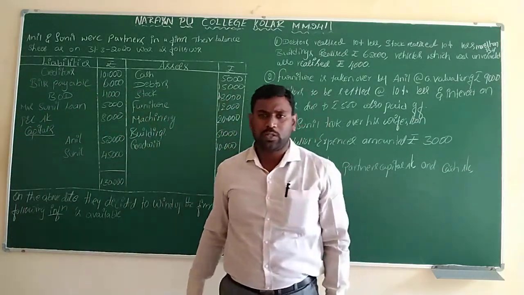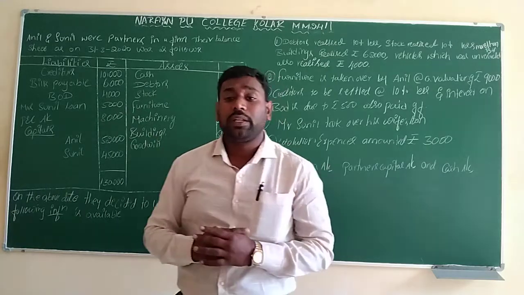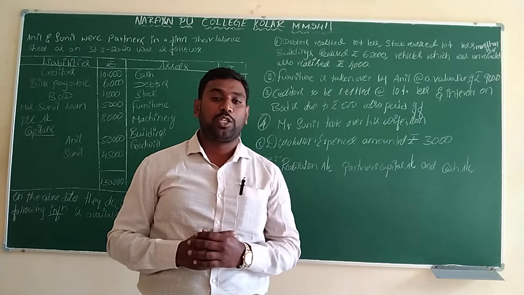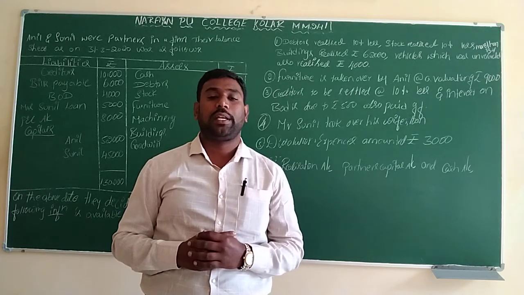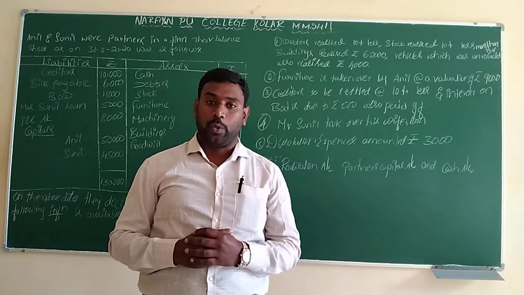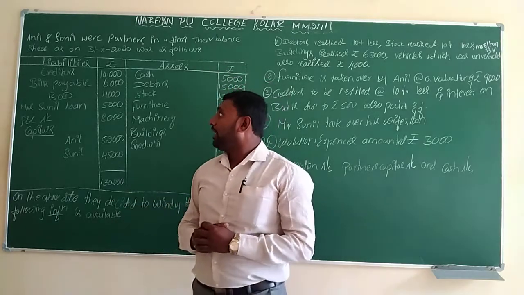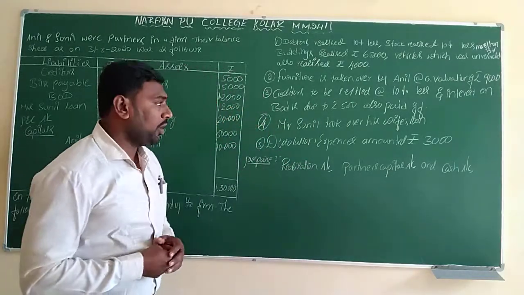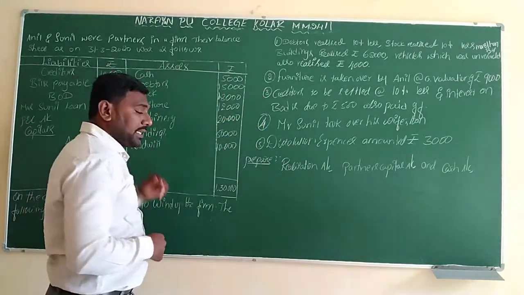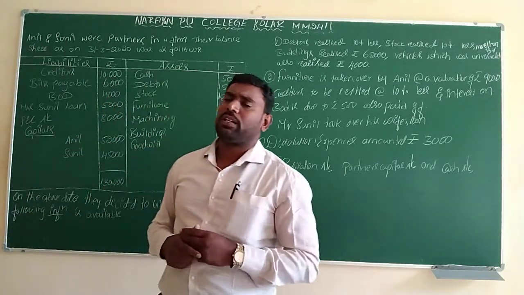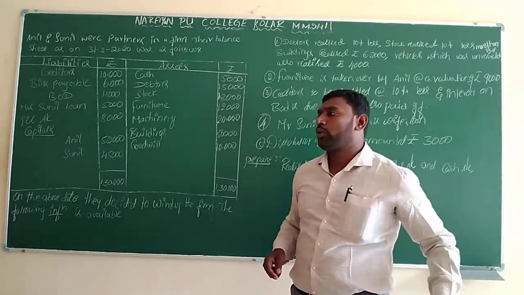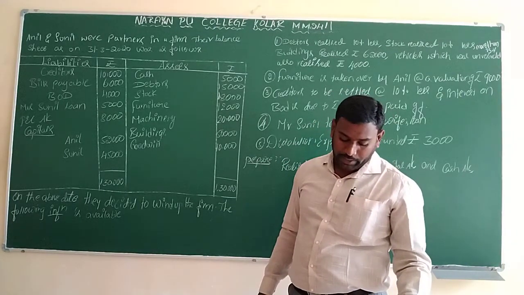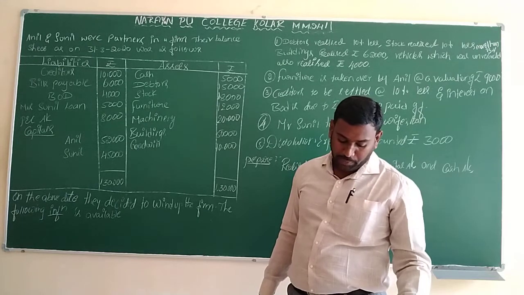The first point of this question is that the profit sharing ratio is not given. They directly started with the balance sheet. Therefore, we can assume that the 2 partners share whatever profit or loss equally, as per the partnership deed and the partnership act.